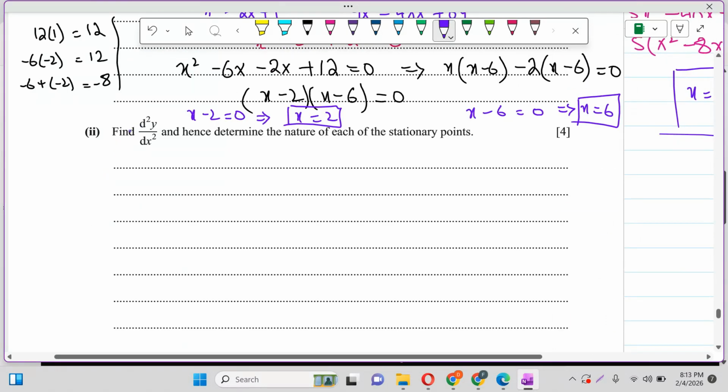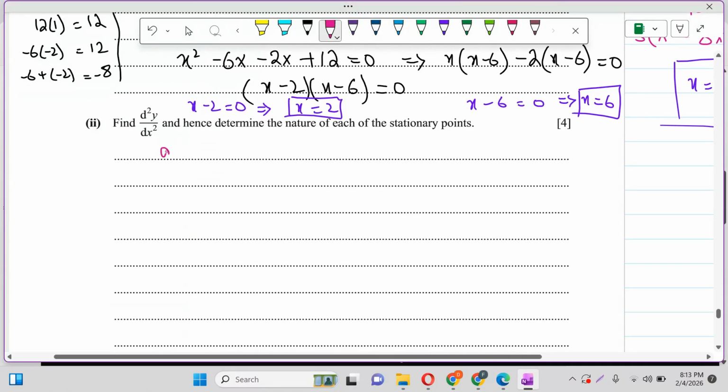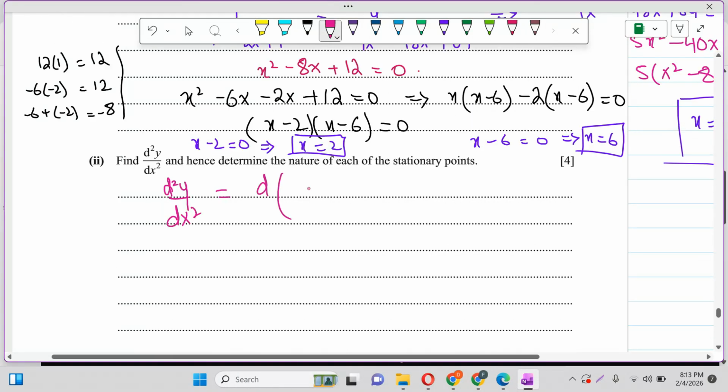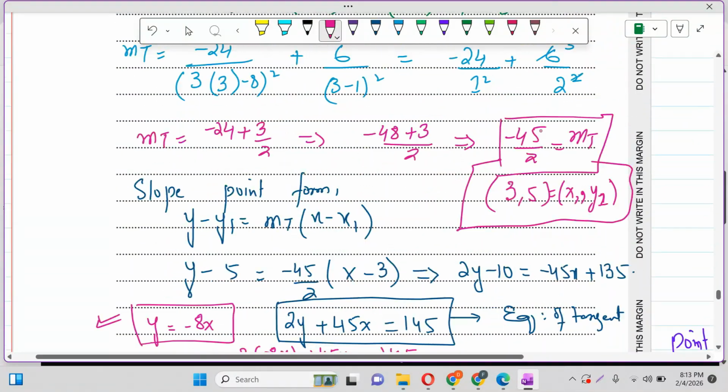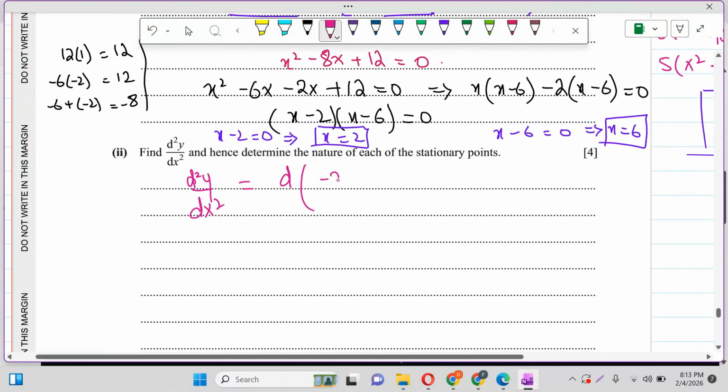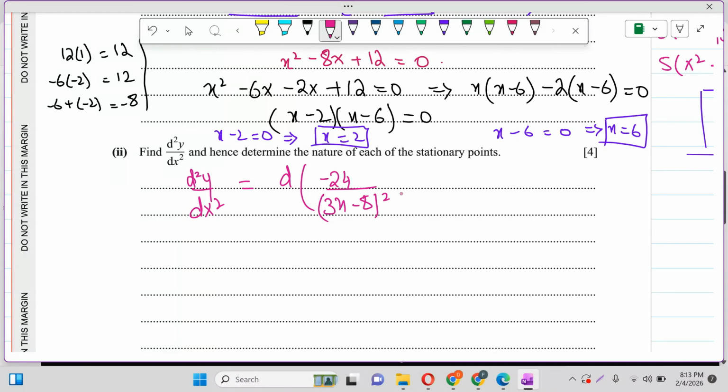Find the second derivative of the curve and hence determine the nature of each stationary point. So first we find the second derivative. The second derivative can be found by differentiating the first derivative of the equation, which is negative 24 over (3x minus 8) whole square plus 6 over (x minus 1) whole square, with respect to x.